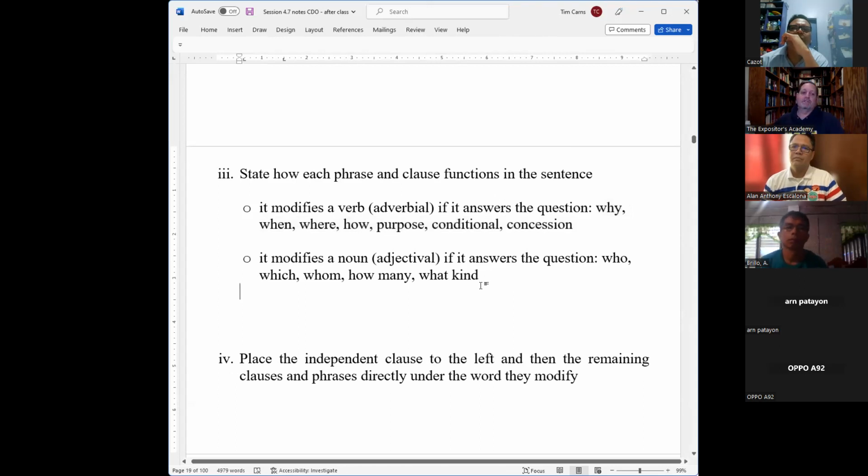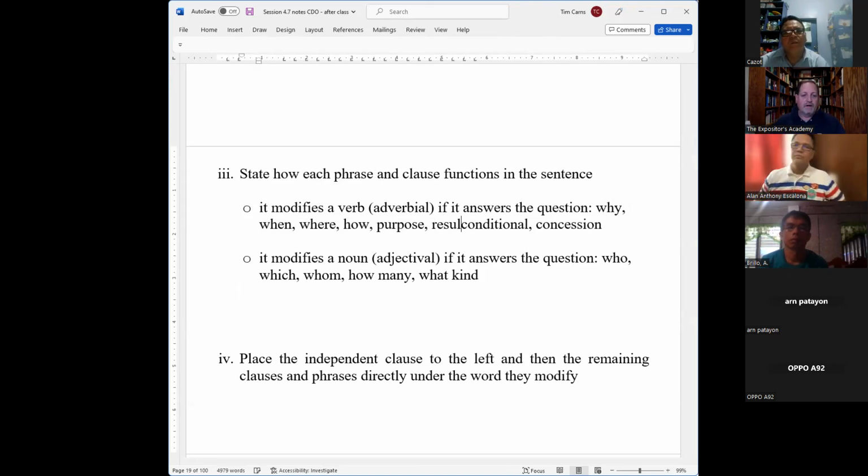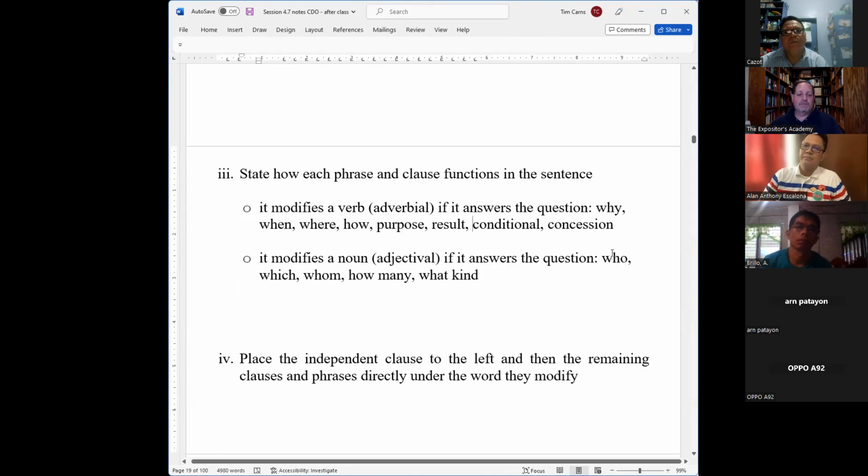What question does this particular phrase or clause answer? If it answers why, when, where, how, or a purpose or a result, or is a conditional statement, then that's going to modify a verb. If it's who or which or how many or what kind, that's going to modify a noun.